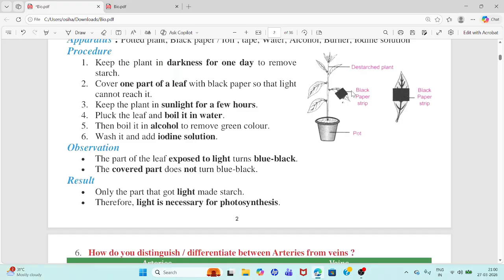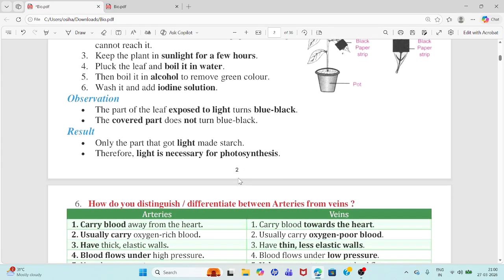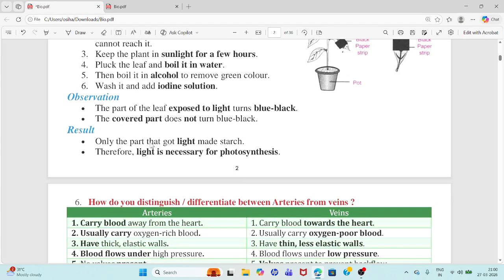So the covered part, where the black paper strip is, does not turn blue black, and the remaining part, which is exposed to sunlight, turns blue black. Result: only the part that got light made starch. Therefore, light is necessary for photosynthesis.